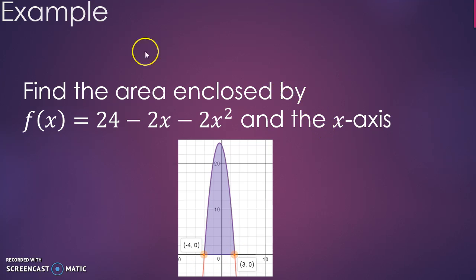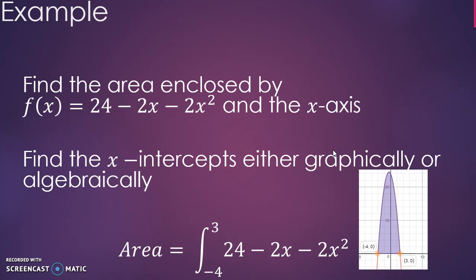Again, you should all know how to calculate the zeros from a quadratic, but what we're interested in is what this graph looks like. So just put this function into your graphics calculator, calculate the zeros, and then proceed from there as you would with any integration problem. So find the x-intercepts either graphically or algebraically. Obviously it'd be much quicker to do it graphically.